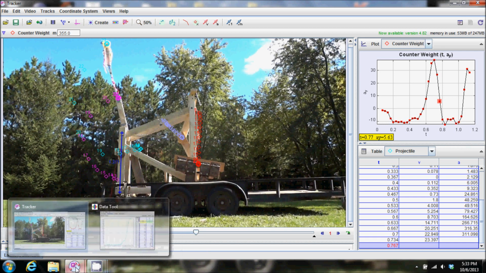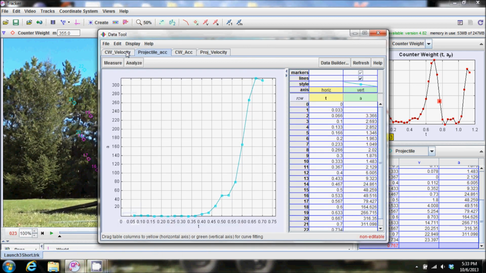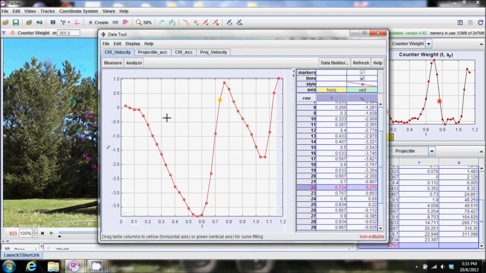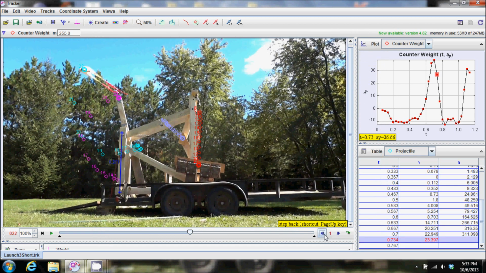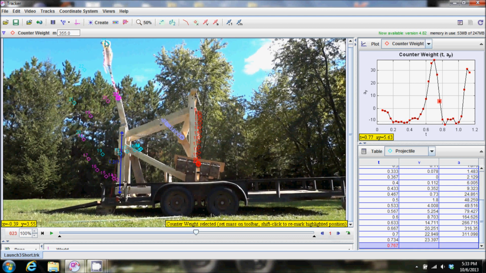We could see the velocity of the counterweight right here, somewhere between the 0.7 second mark is when our counterweight starts going up. Now on our video, that's between these two frames, and in the very next frame we've released the projectile.